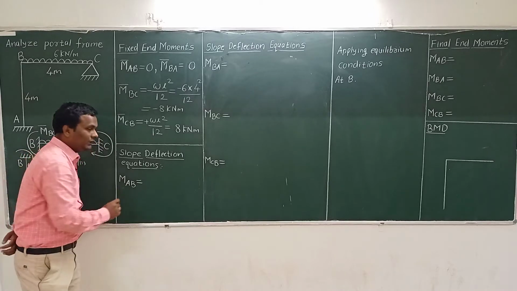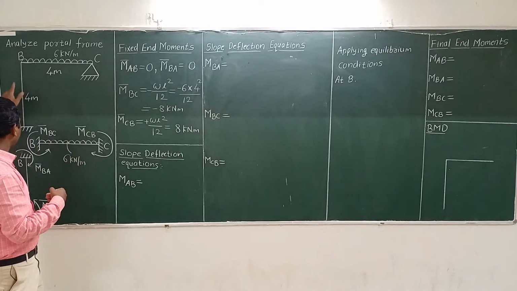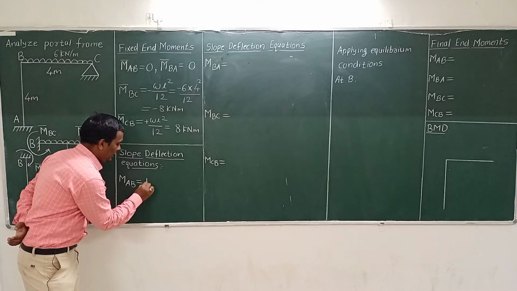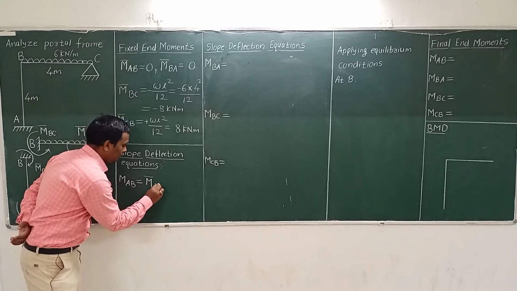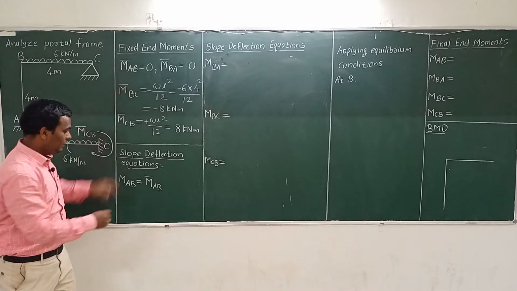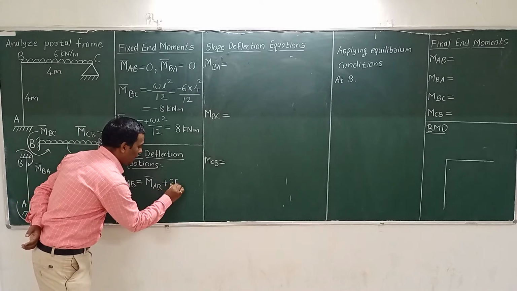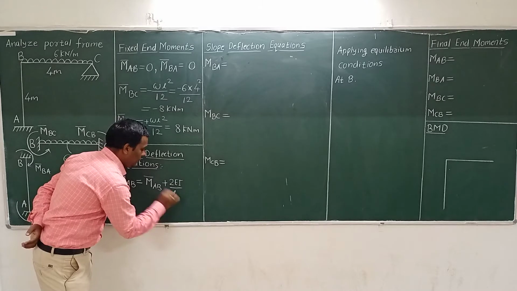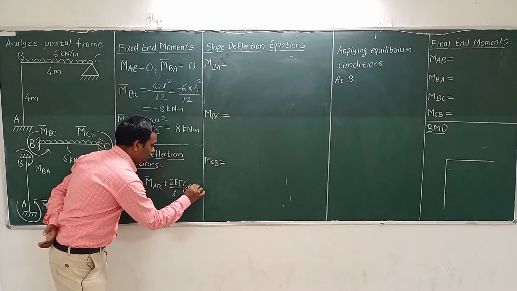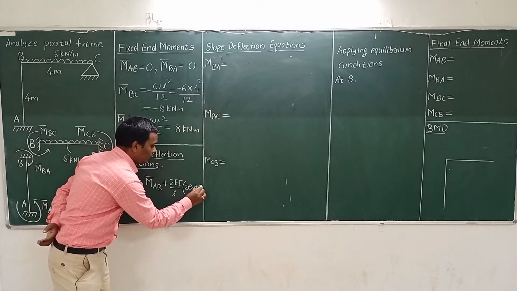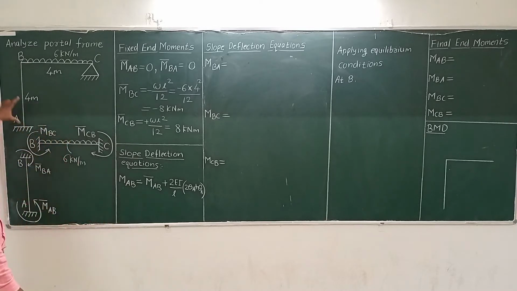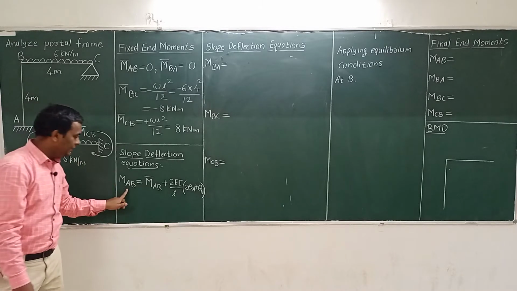Now MAB stands for the final end moment for AB, which is at A. So MAB is M bar AB, that is the fixed end moment at A, plus twice EI divided by L inside the bracket, twice theta A plus theta B. So this is the slope deflection equation for span AB for end moment at A, that is MAB.